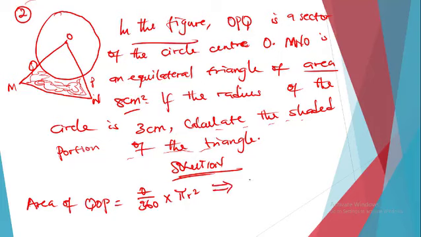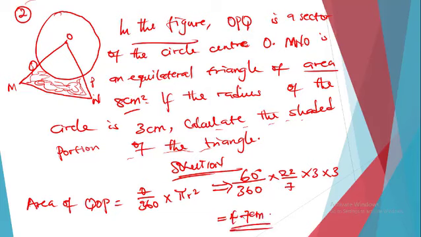Then substitute the values. We have our theta to be 60 degrees over 360 times 22 over 7, and then times 3 times 3, where 3 is the radius of the circle. If we do that, we have our answer to be equal to 4.7 cm squared.